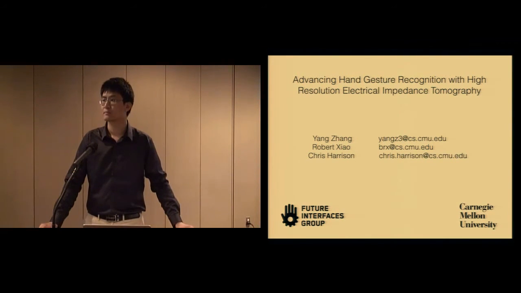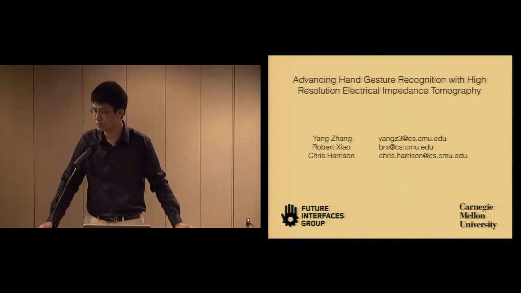Other questions? I have a question, which is, if you wanted to use this technique to interpret gestures on other parts of the body, so not with the hand and the arm, would there be any modifications or changes that you would have to make to the sensing device? We'd have to make it larger, but I think that actually would be about it.